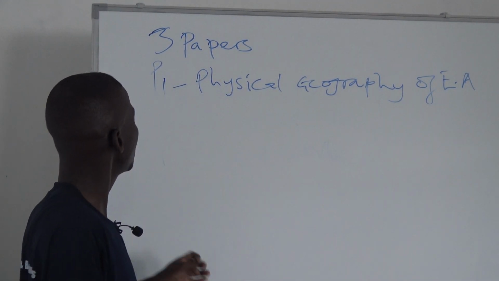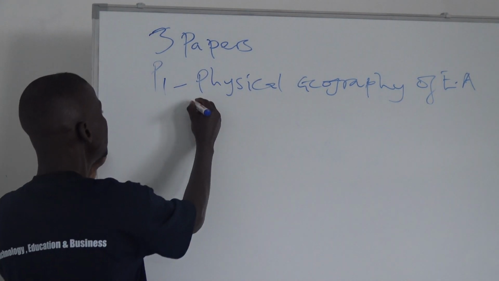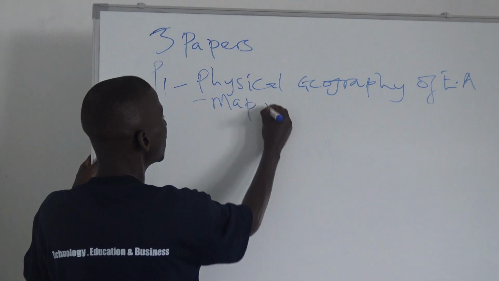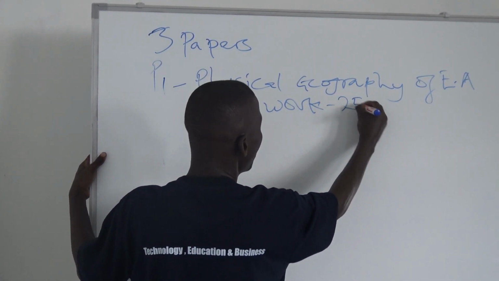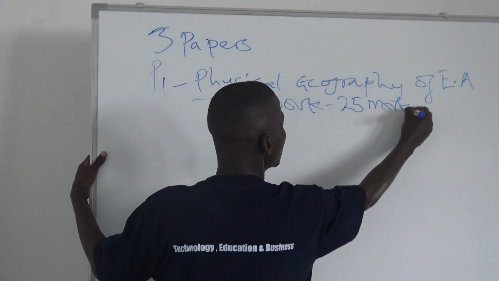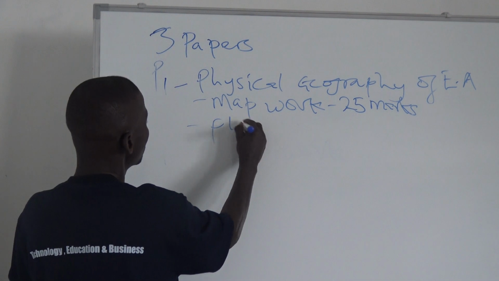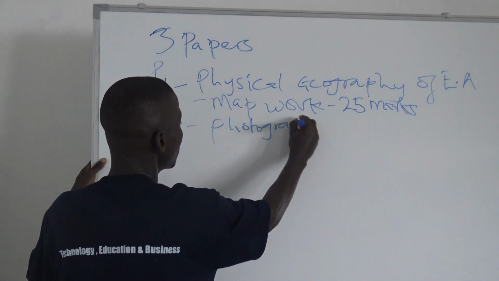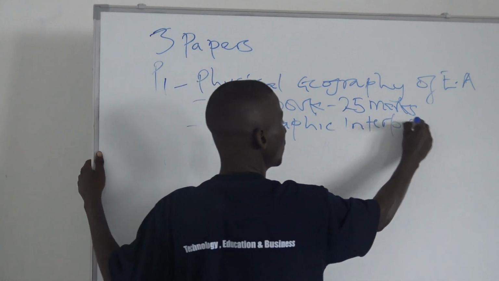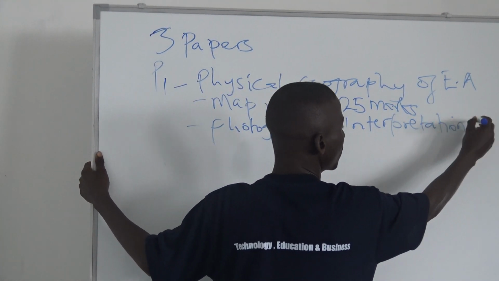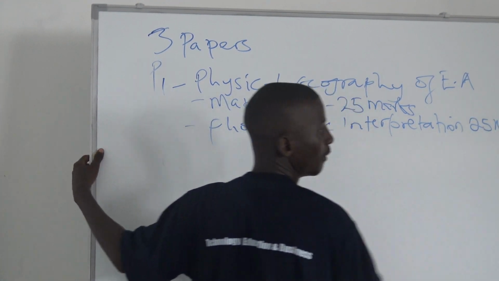The physical geography of East Africa has two compulsory numbers. That is map work, taking 25 marks, and photographic interpretation, also carrying 25 marks.